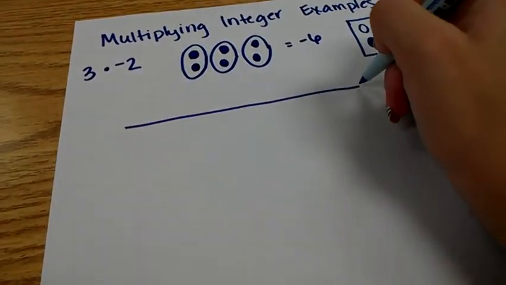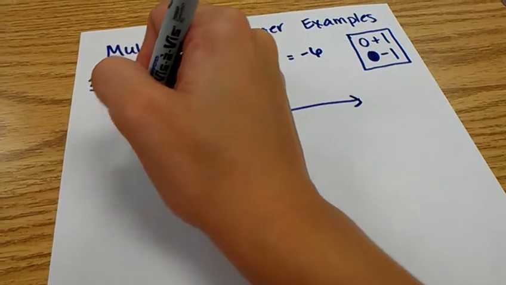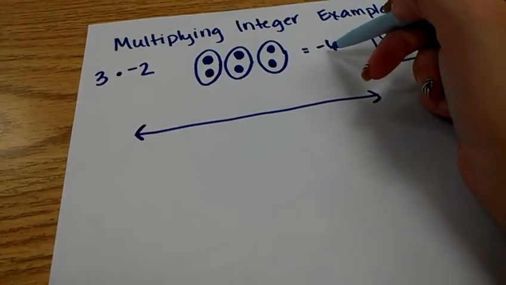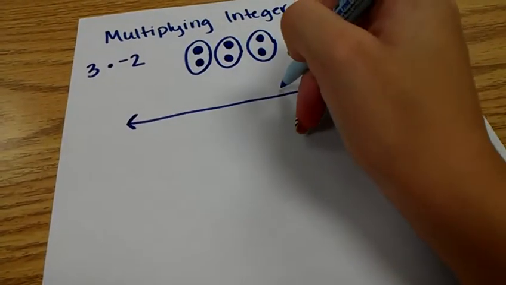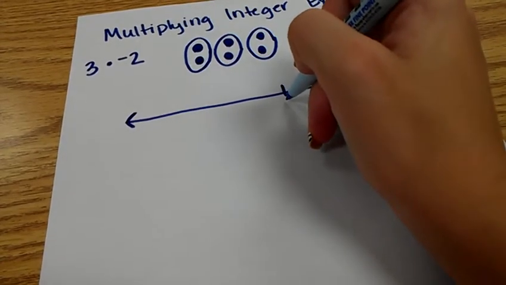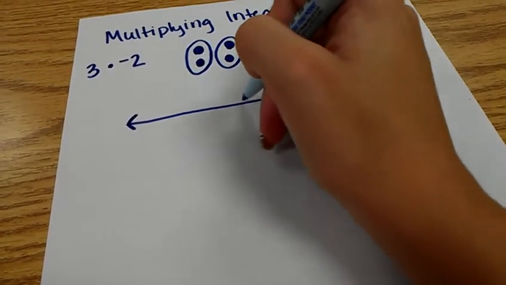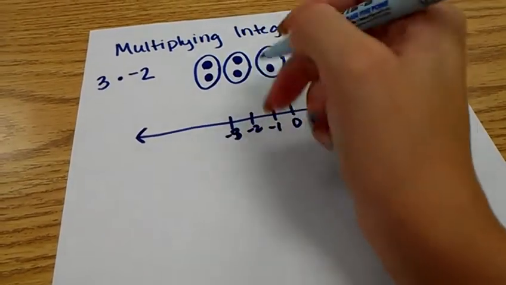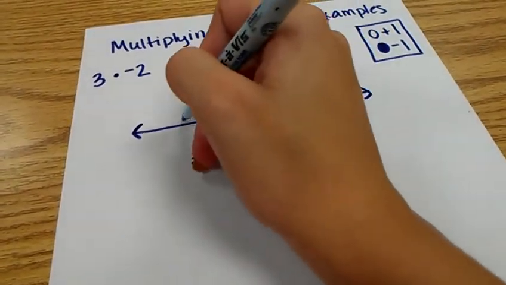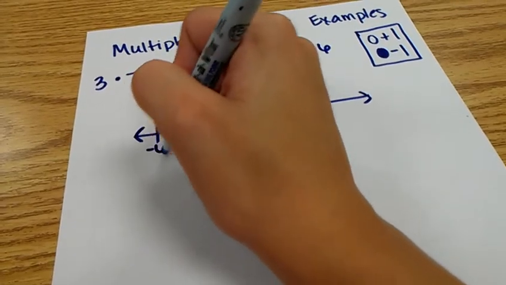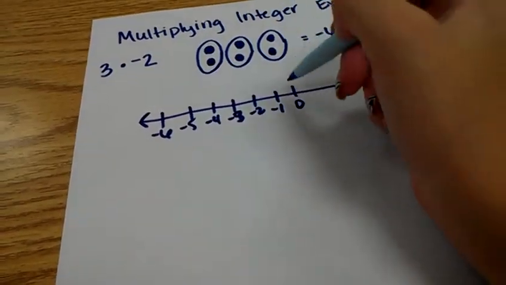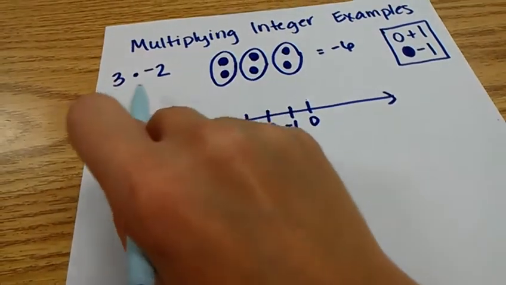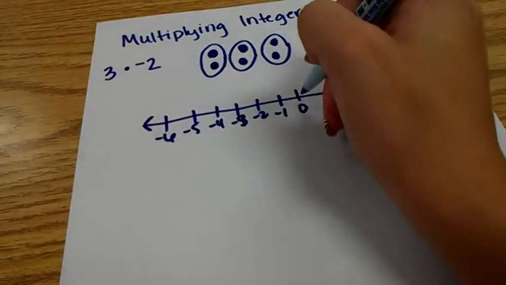Number line. Since my answer is -6, I know that my number line is all gonna be on the negative side. Whoops, skipped a number. 3, -4, -5, -6. So if I need 3 groups with -2 in each, you always start at 0.